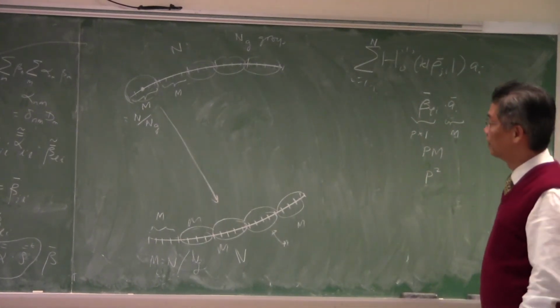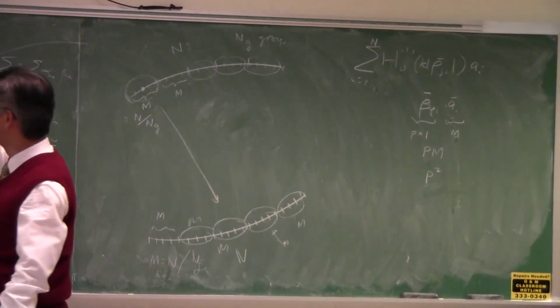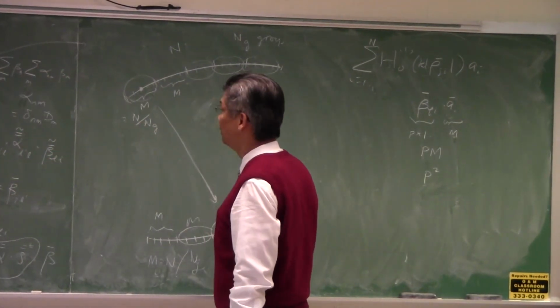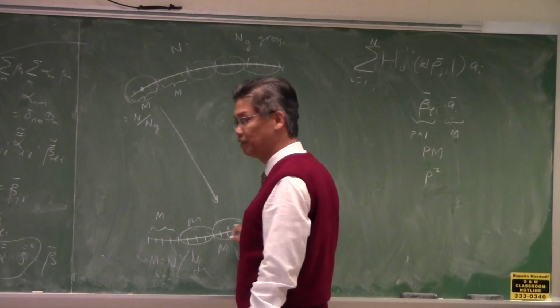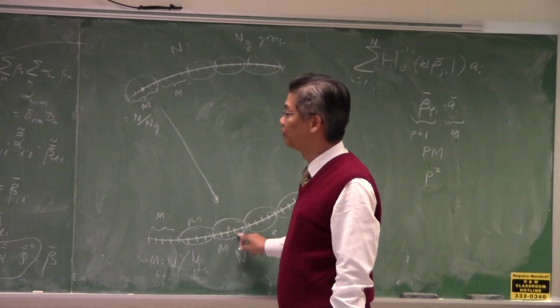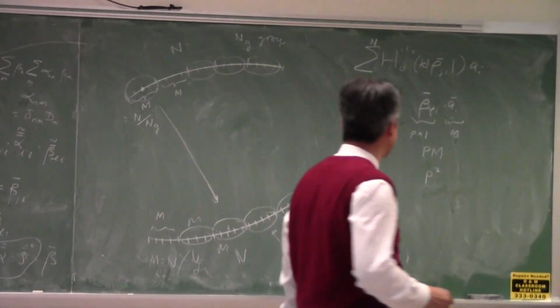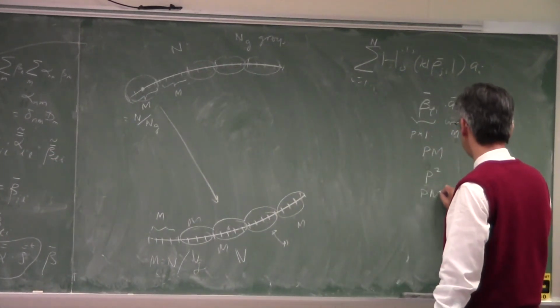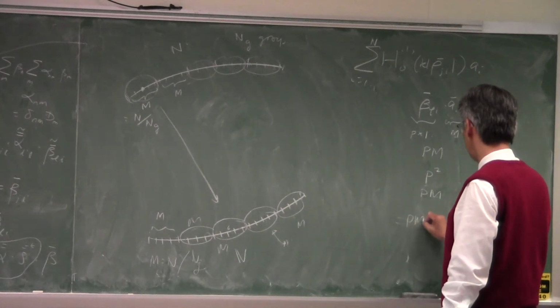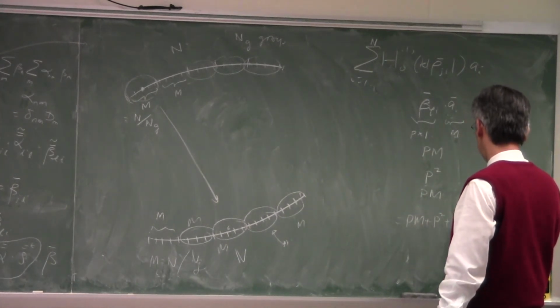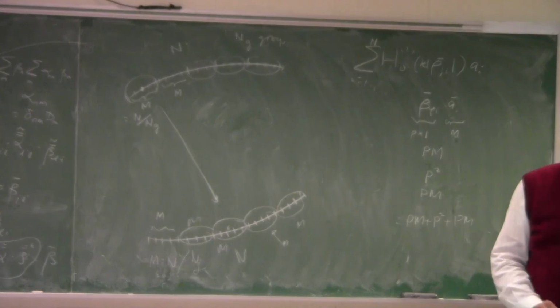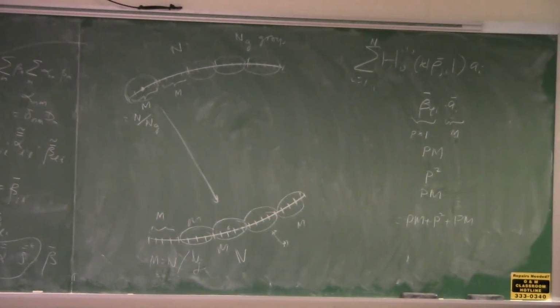And then after I've translated to the box center over here, I can distribute them into n different destination source points. Each of these is 1 by p. I have to repeat this n times. The last stage cost is also p times n. So the total cost is pm plus p squared plus pm. This is the cost. But what is p? And how is p related to m?